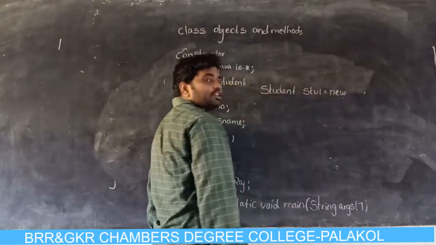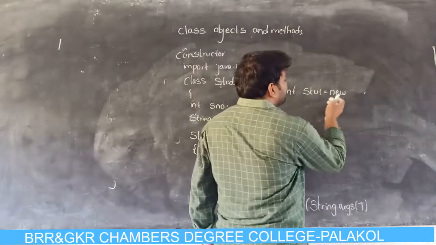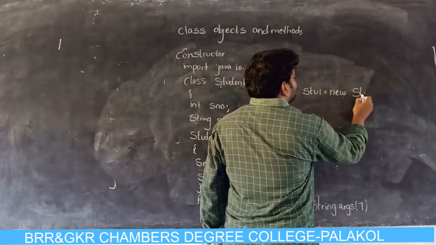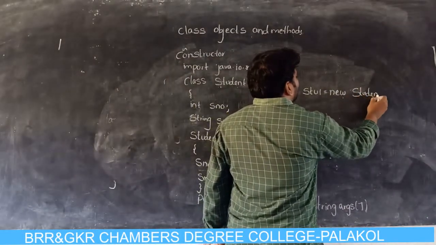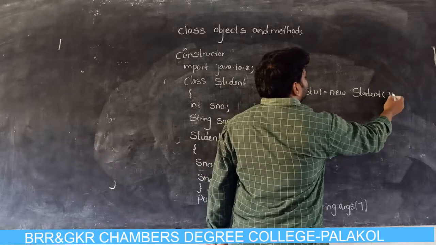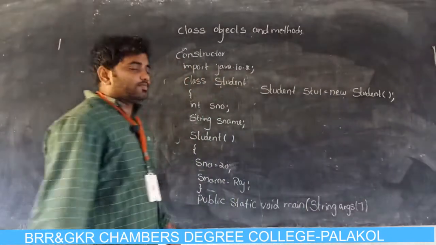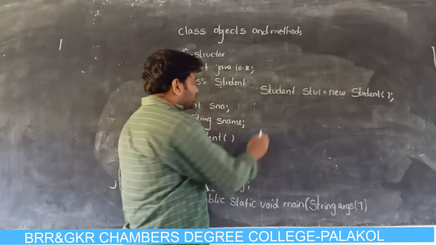The memory allocation is created, dynamic memory allocation. Next, the constructor Student; the constructor and class name are the same.